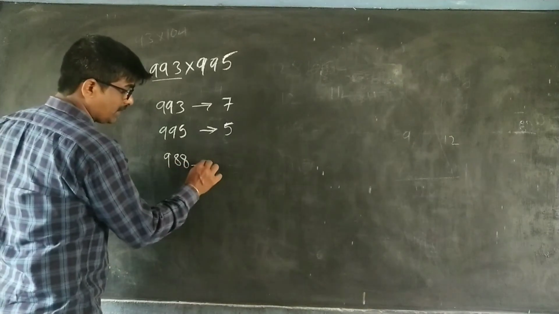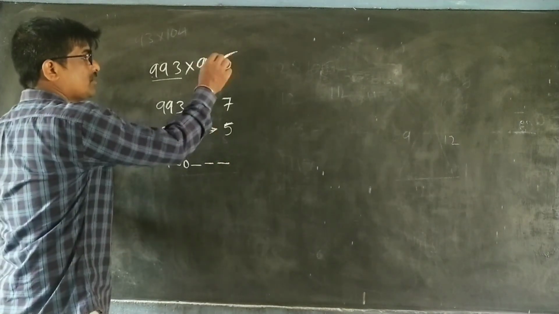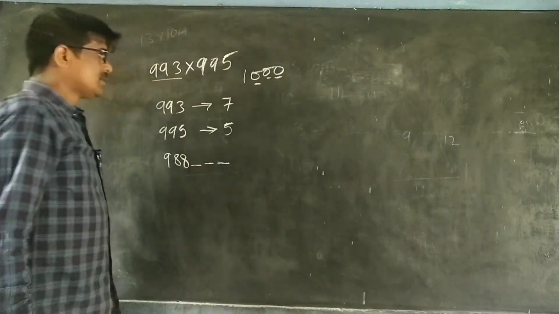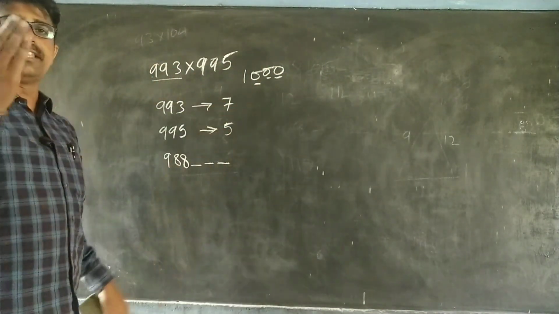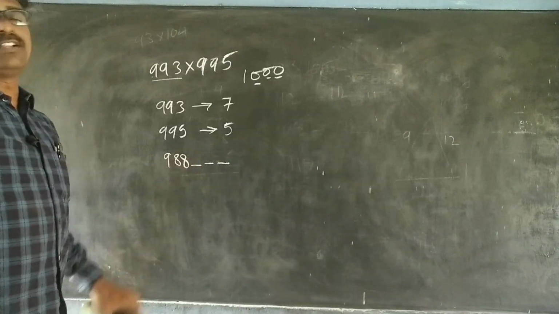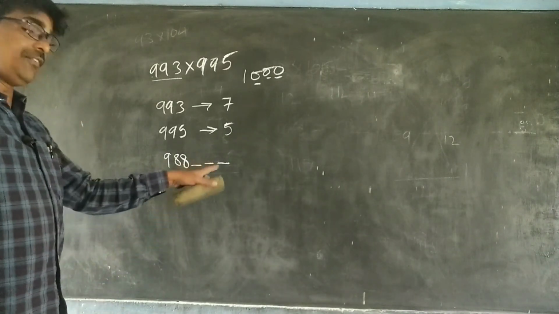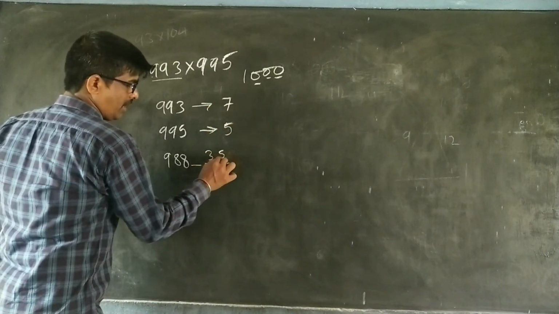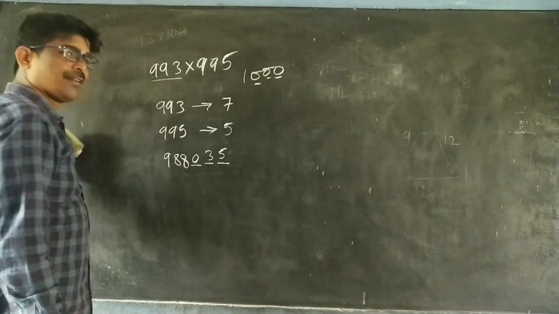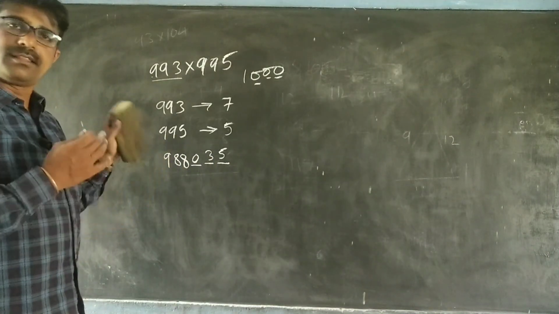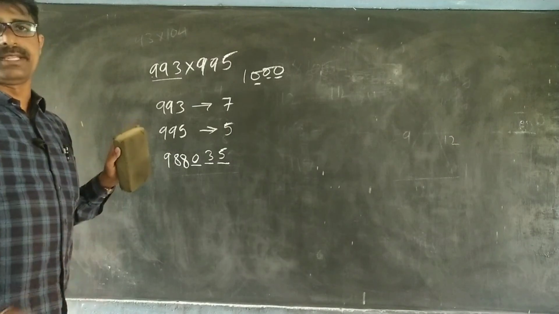Next, you have to take 3 zeros, because 1000 has 3 zeros. If you multiply and get 3 digits, no problem. If you get 2 digits, you have to keep 1 zero extra in between, not at the end. 7 5s are 35, so after that 035. This is the easy way. The same application works for 100 and 1000.